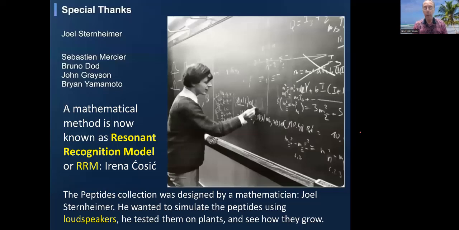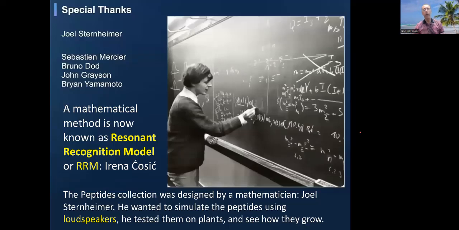There was someone that was very enthusiastic about peptides. His name was Joel Sternheimer, and he was a fanatic mathematician. He had the idea that he was able to simulate the peptides using a sound and reproduce the sound in loudspeakers and then see on the plants if they grow faster.